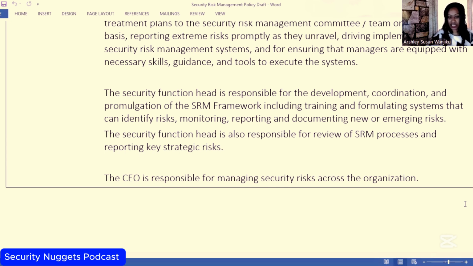The security function head is also responsible for review of security risk management processes and reporting key strategic risks, all right? As much as you're working with a team to help you integrate security risk management practices all over the organization, all right?